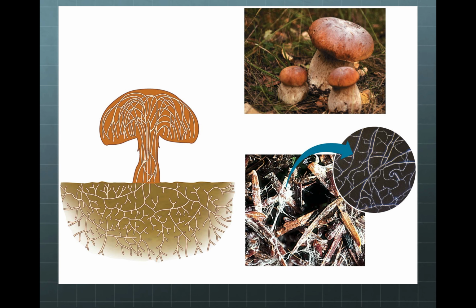Now, the fruiting body just means it's the reproductive structure, so it's going to be the fruiting body that's actually releasing the spores. If this is a mushroom, this fruiting body is called a basidiocarp. So the fruiting body's name changes for each phylum.